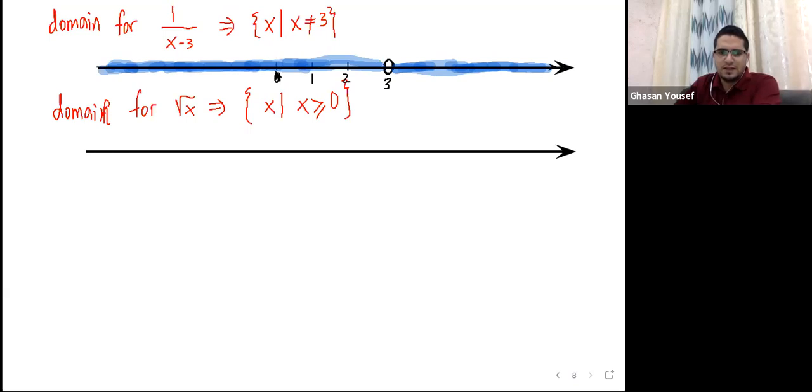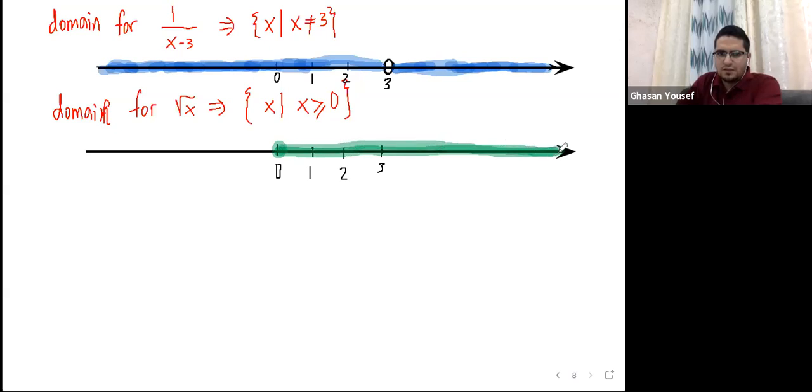I have to put the 0 exactly below the 0 of the first line, and likewise 1, 2, 3. So the domain for the second one is everything starting from the 0 and going up, including the 0.